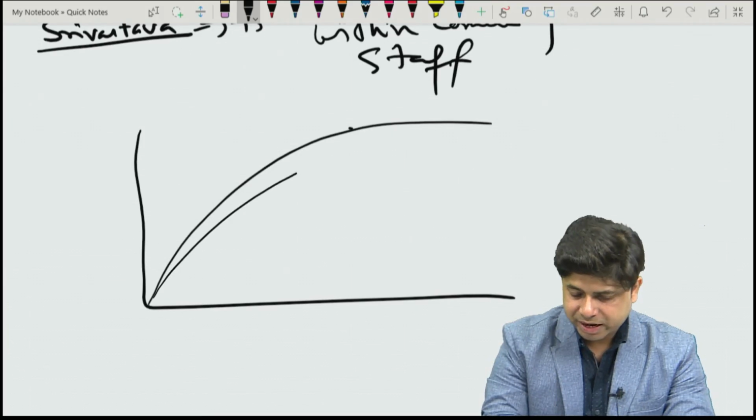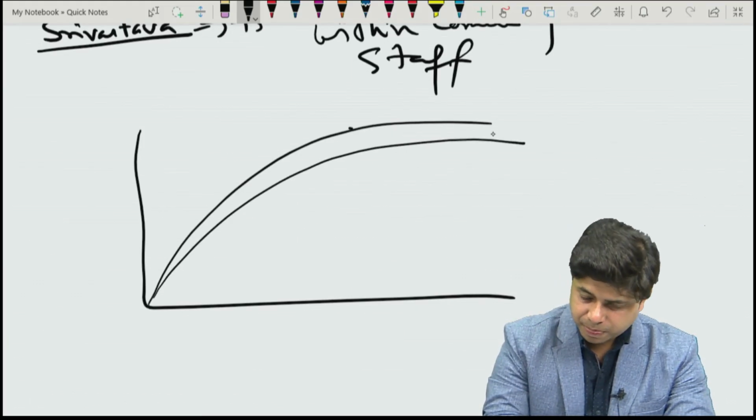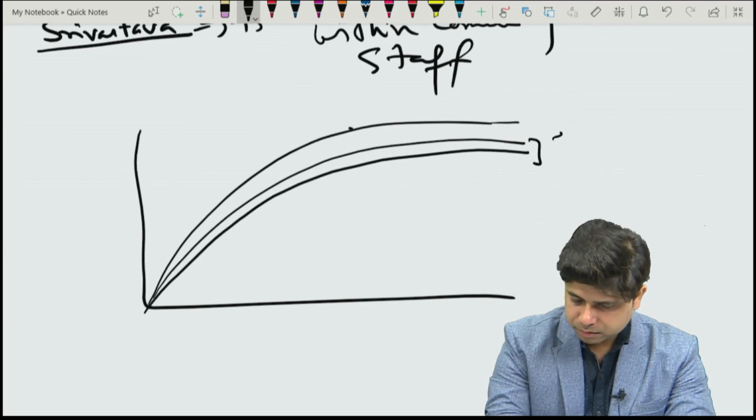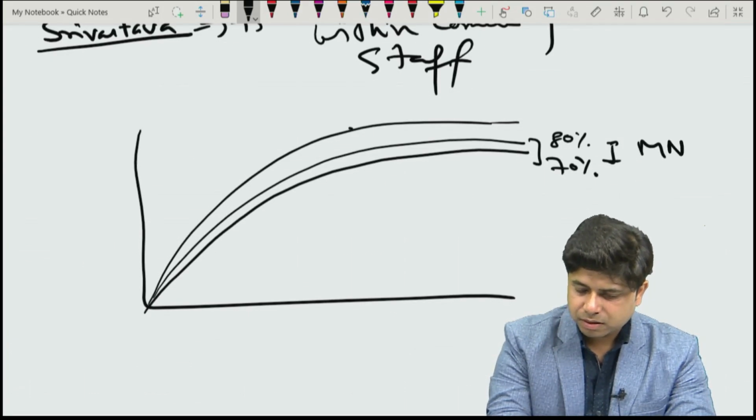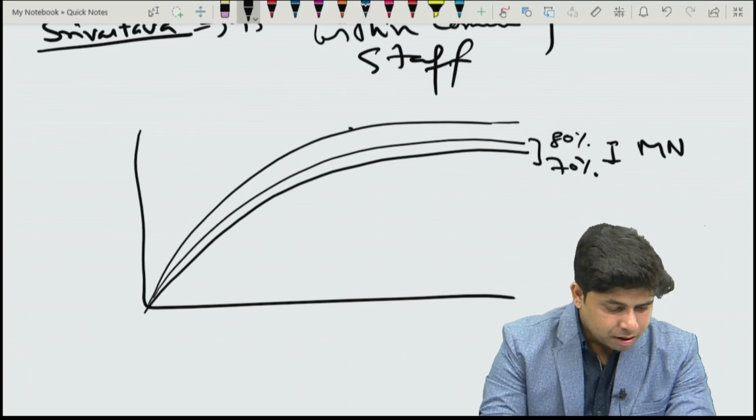Suppose this is the normal, then 80% to 70% is grade 1 malnutrition.